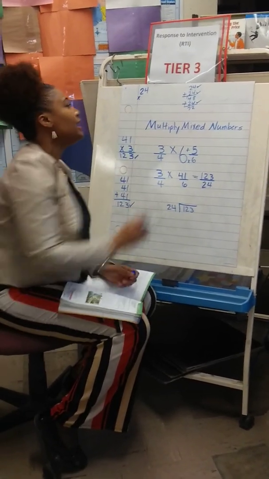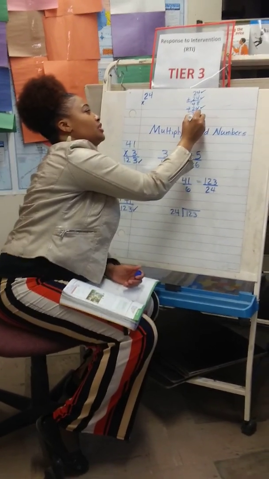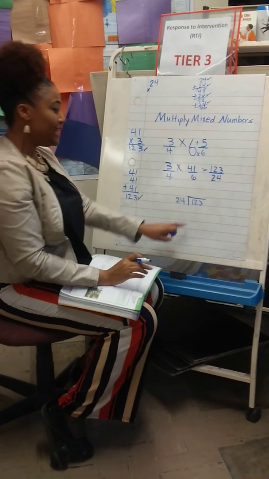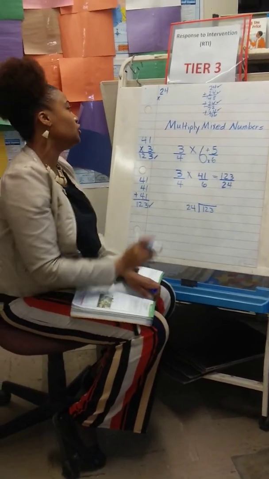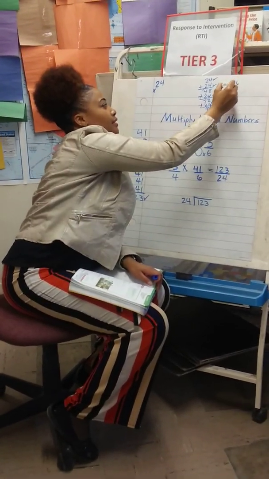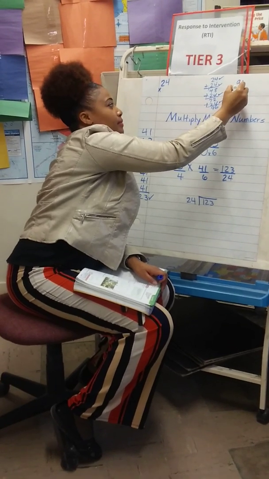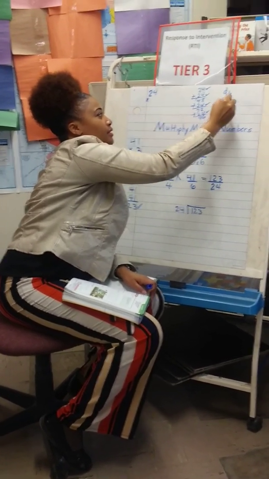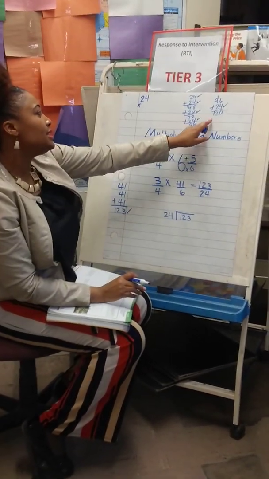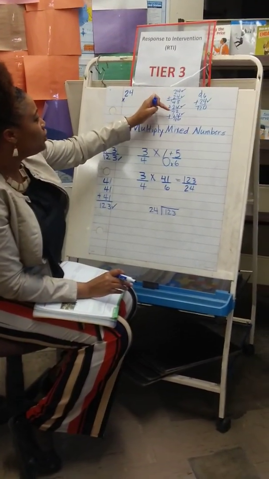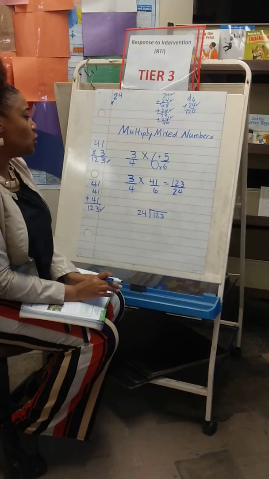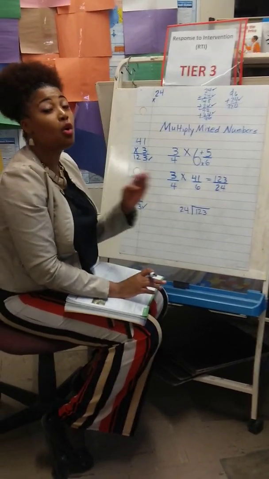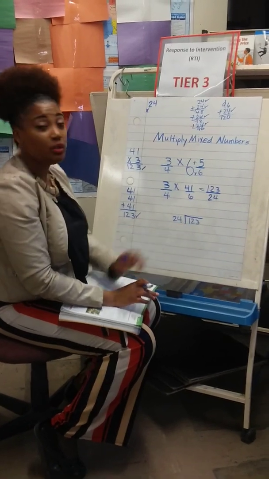I can continue doing repeated addition. That gives me 96. Notice I'm getting closer to 123. And notice that I used 1, 2, 3, 4, 5 24s, and that got me 120, which is close to 123. You don't want to go over the dividend, which is 123.